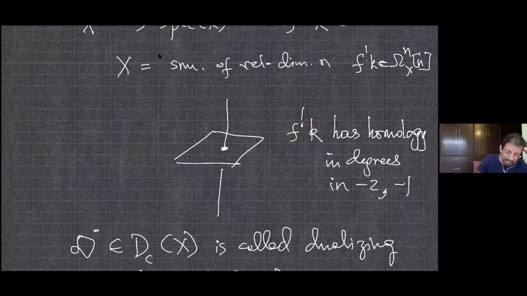If X is proper, it gives you what is called zeroth level duality. It's the simplest duality, but it doesn't give you the full duality theorem. For the full duality theorem, you need the dualizing complex.